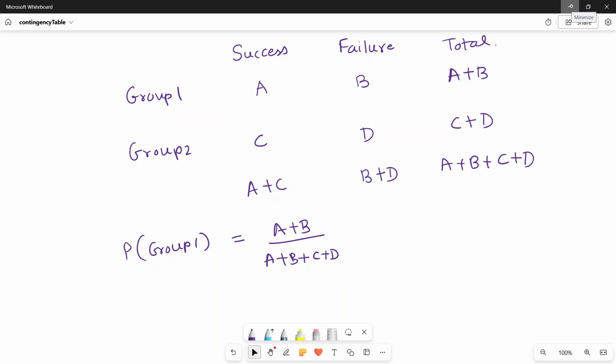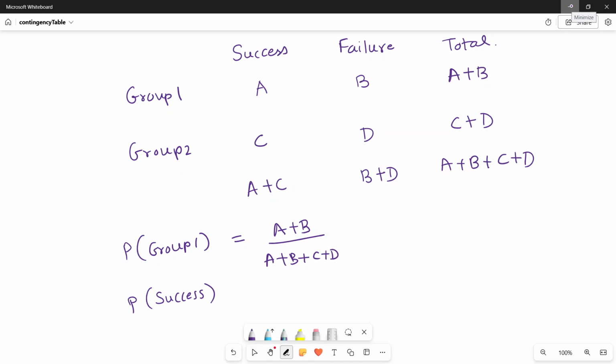Let's calculate another probability value. What is the probability of a success? That is, what is the probability that you randomly pick a student and the student you pick has succeeded in the test?